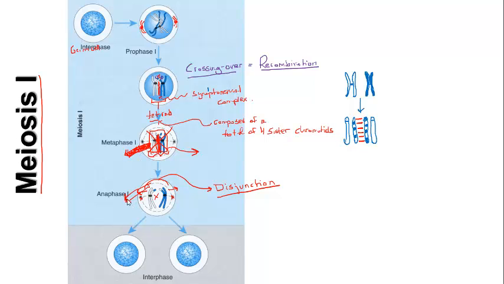So here we have anaphase, and these are all still connected together within a tetrad, and that whole tetrad gets yanked to one pole of the cell.